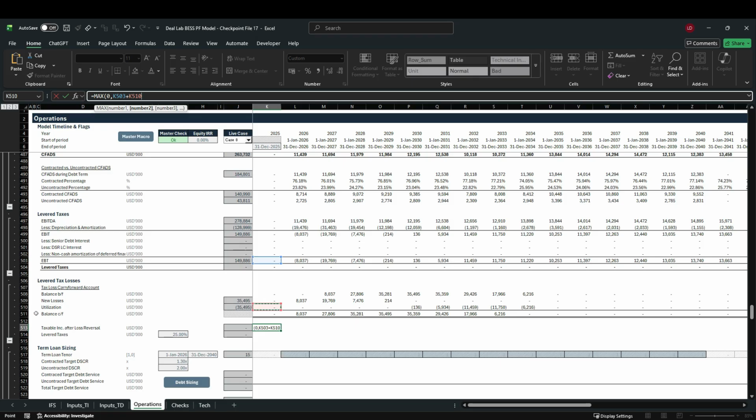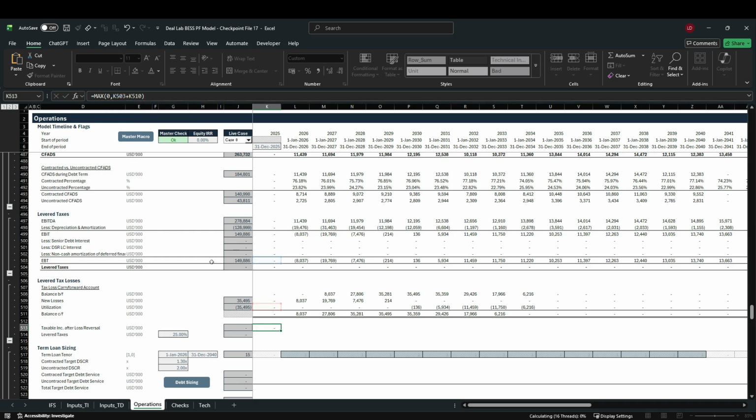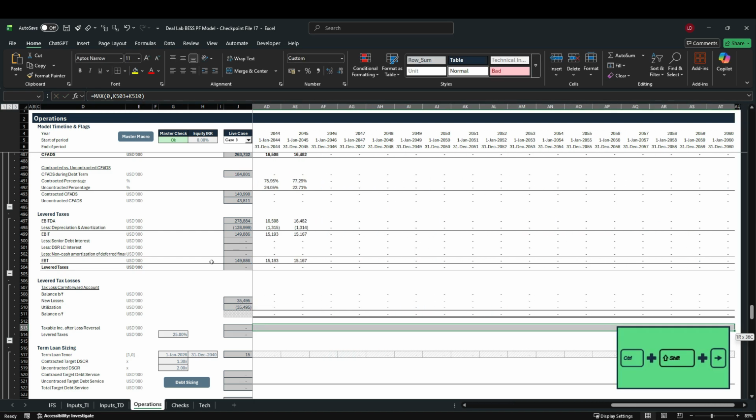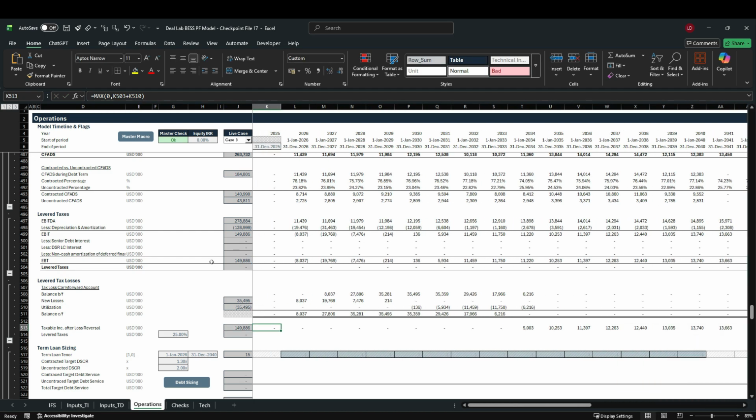So the utilization is negative. That's why we have a plus. Close parentheses, hit enter. Let's drag this over, Control R. And you can see that we start paying taxes in 2034 instead of 2030, where we would have a positive earnings before tax the very first time.